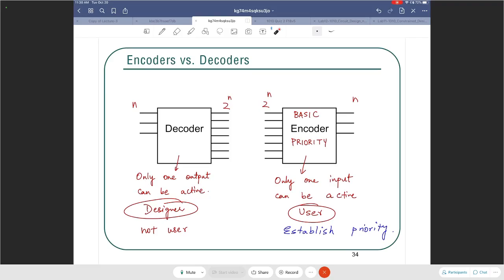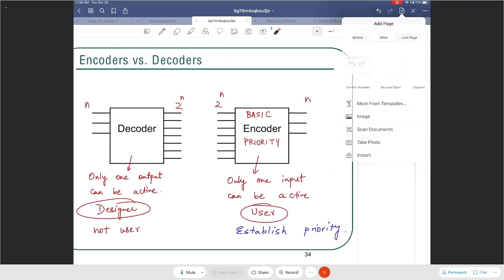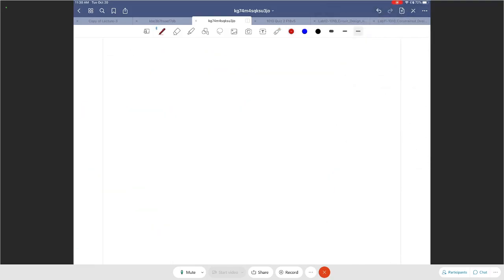Let's take a look at the basic encoder. So what I'll do is I will try to lay out the truth table of a 4 to 2 basic encoder first.